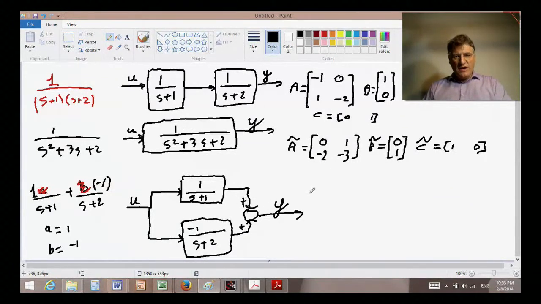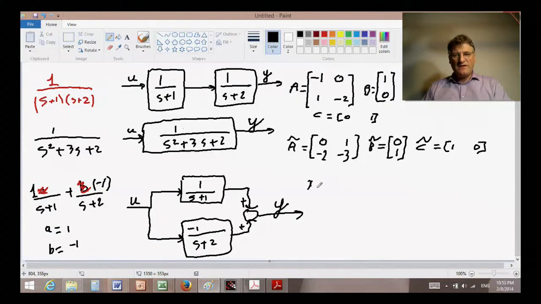Now, in the third representation, we have the realization of two separate systems which we haven't seen yet.